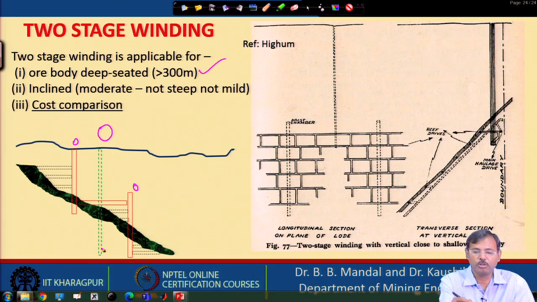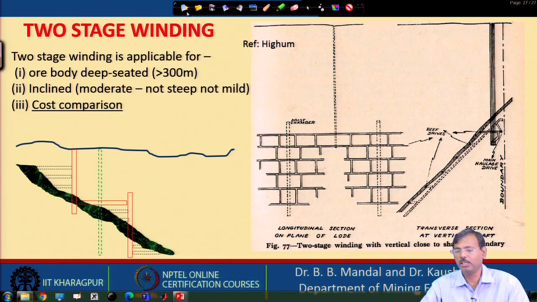That is also a benefit of two stage winding, and moreover it provides us maneuvering, that is, this and this can be run differently. Two stage winding is opted where the ore body is deep seated and the inclination is moderate, and this decision must be taken with a comparison of the costs.